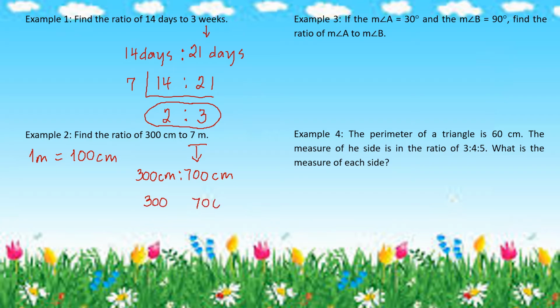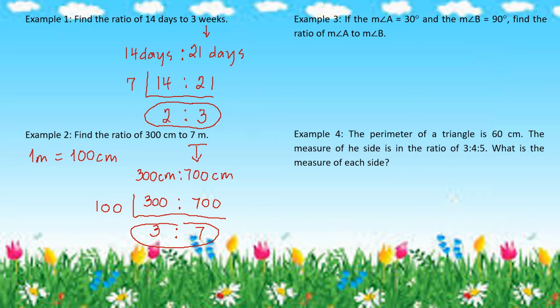We can still simplify this ratio by dividing 300 and 700 by their GCF, which is 100. 300 divided by 100 is 3. 700 divided by 100 is 7. Therefore, the ratio of 300 centimeters to 7 meters is 3:7.